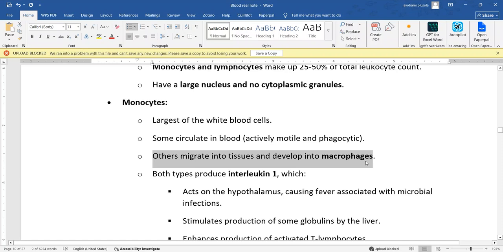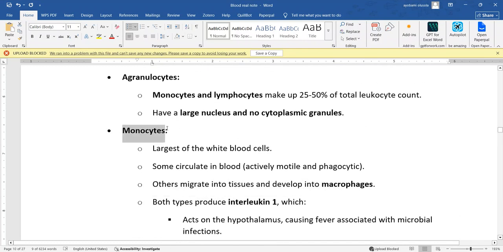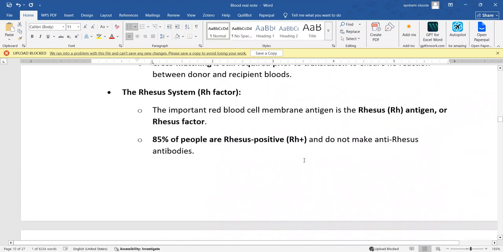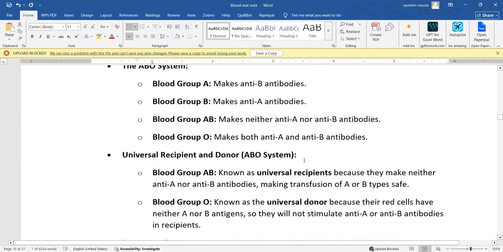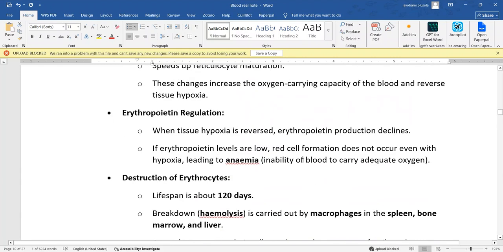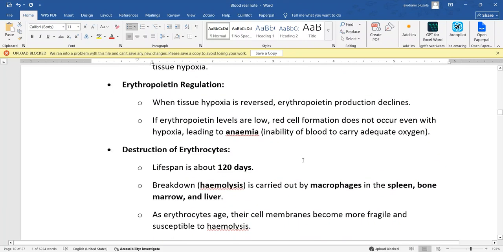So in the blood they are monocytes; when they enter the tissue, they become macrophages. A way to code it is monocytes, macrophages: mm. Do you understand?